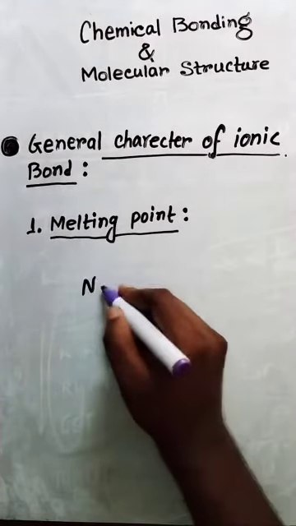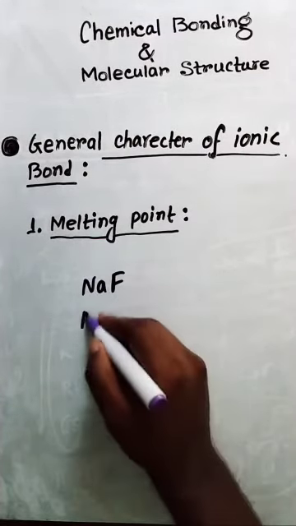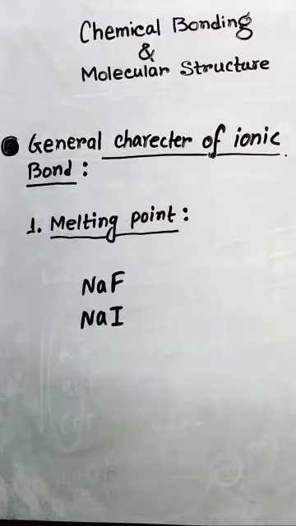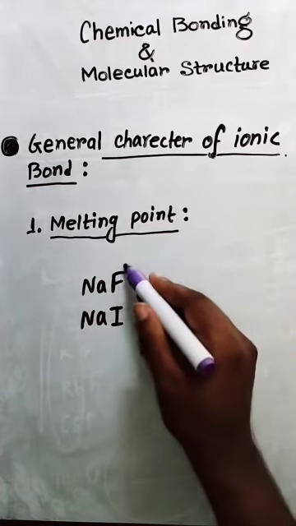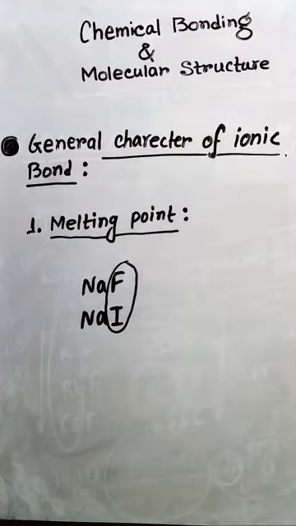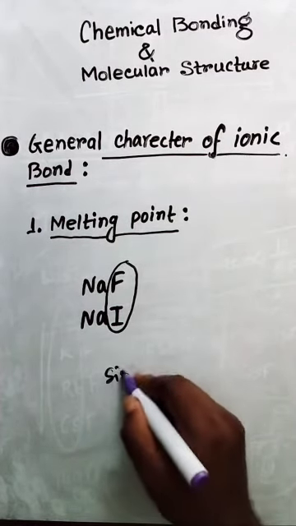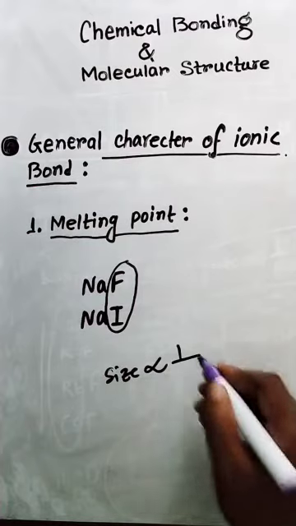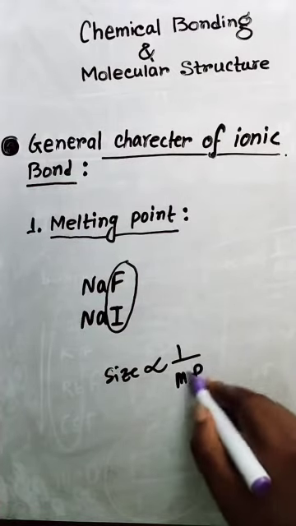Similarly, if we notice sodium fluoride and sodium iodide, here the size of the anion is different. Fluorine has a smaller size than iodine. So size is inversely related to melting point.